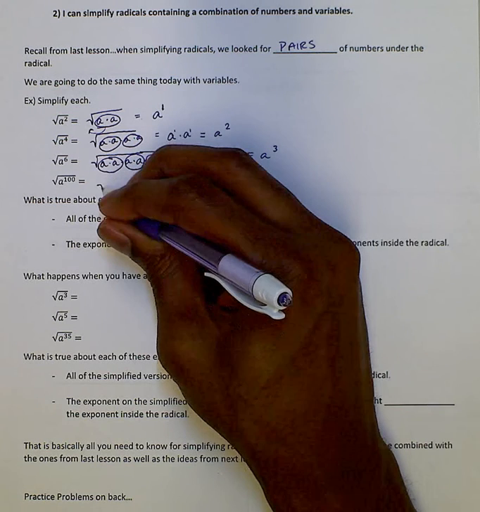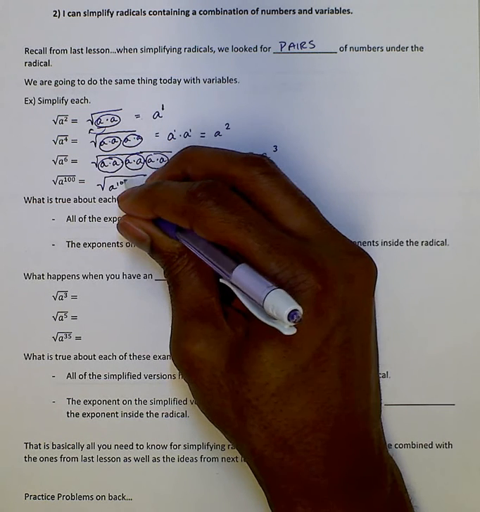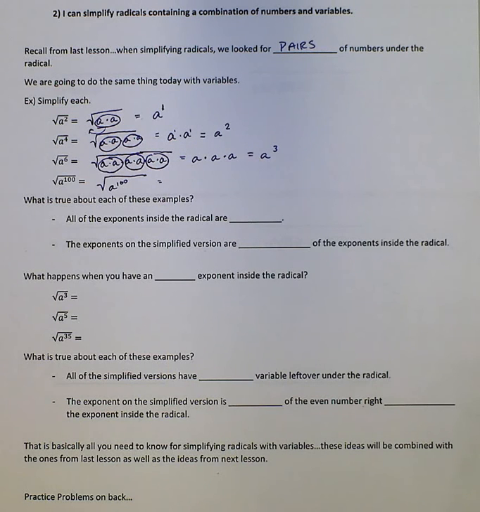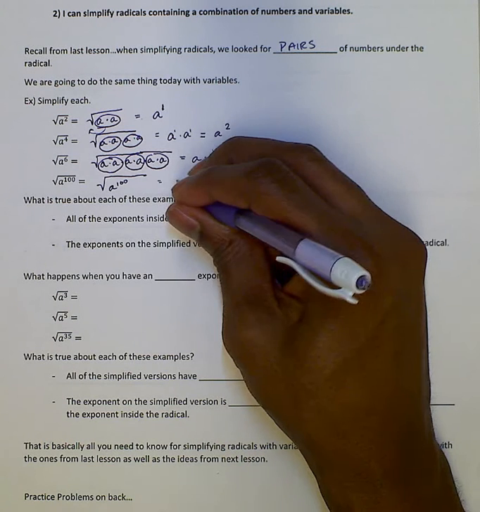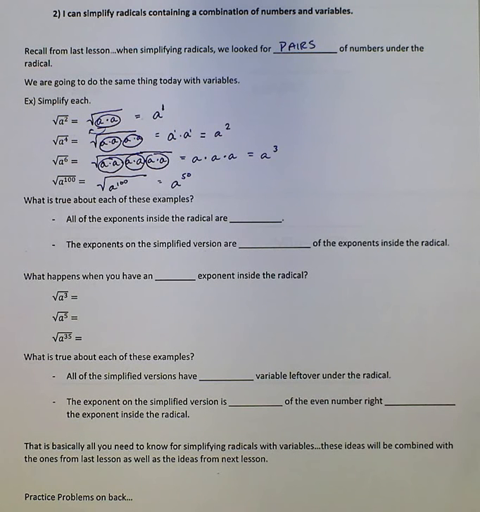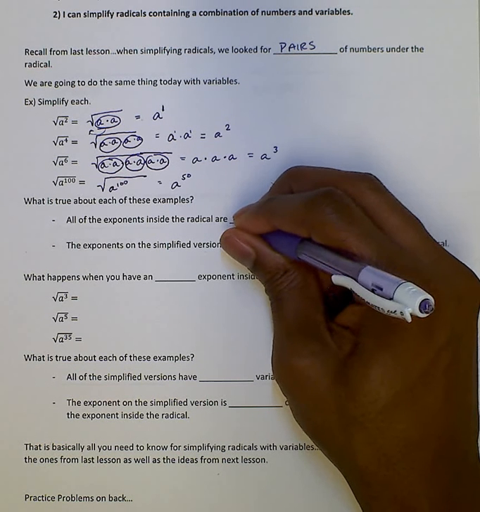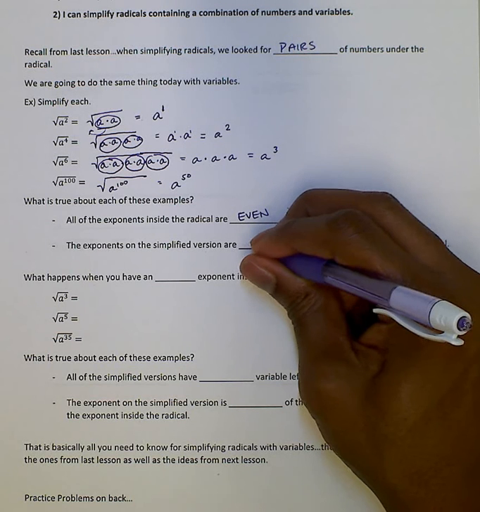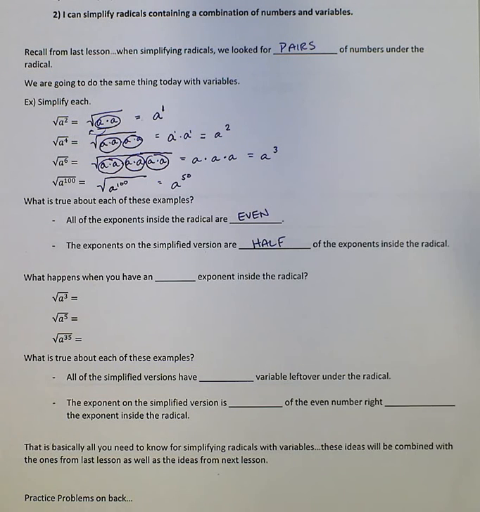So square root of a to the 100th power, I can find that answer by saying how many pairs will I get in 100? Well, 100 divided by 2 gives us 50. It means there are 50 pairs. So without having to write all this out, I can just divide by 2 and say, okay, square root of a to the 100th will be a to the 50. All exponents inside the radical, in this case, were even, and the exponents in the simplified version are half of the exponents inside the radical.